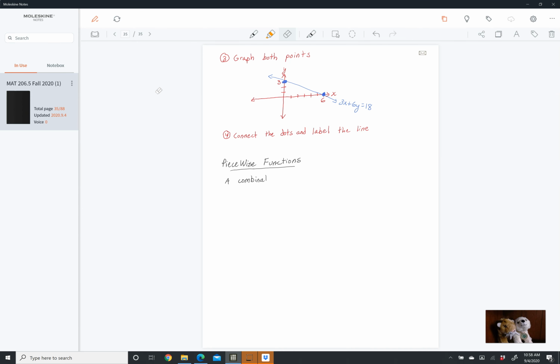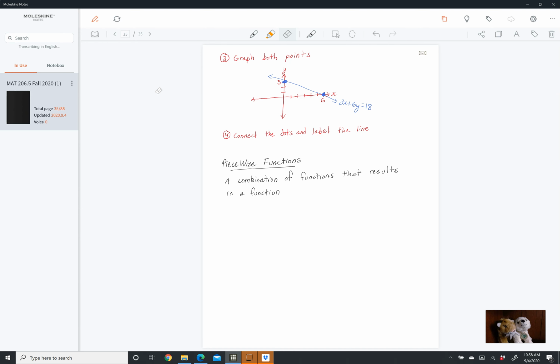So a combination of functions that results in a function. Okay, and that's really important that our final result is a function as well.